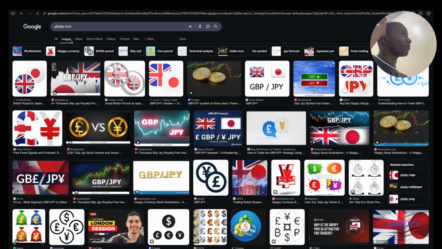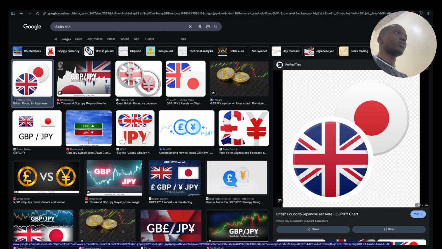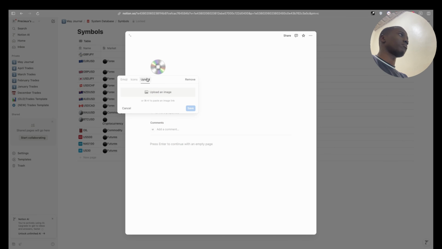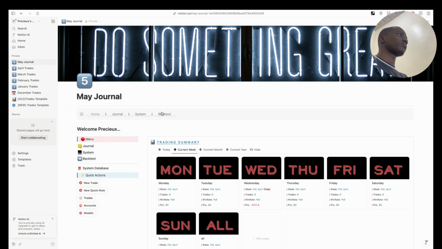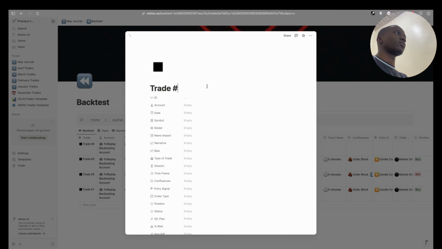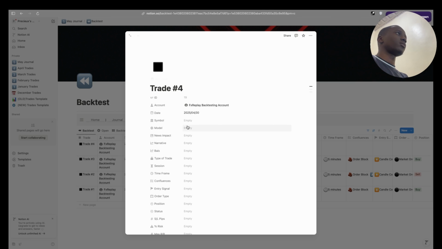There's no other way I thought of finding it, so let's do it like this. Copy image address and we plug it right here. Great. So let's now go back to the journal. Save this. And the symbol is GBP JPY.